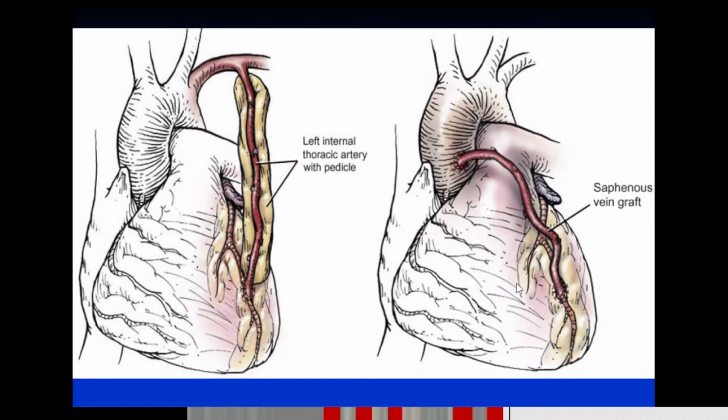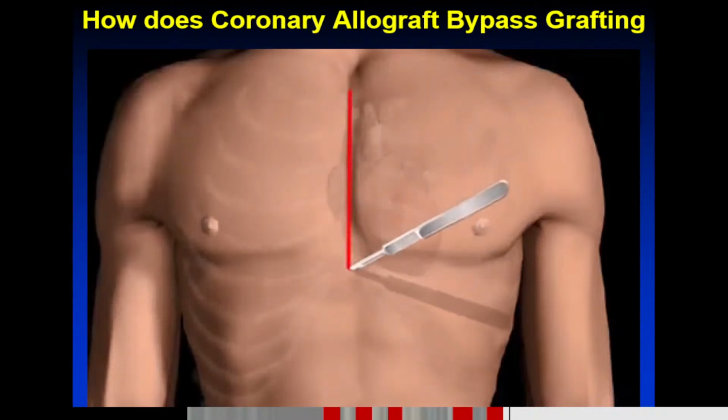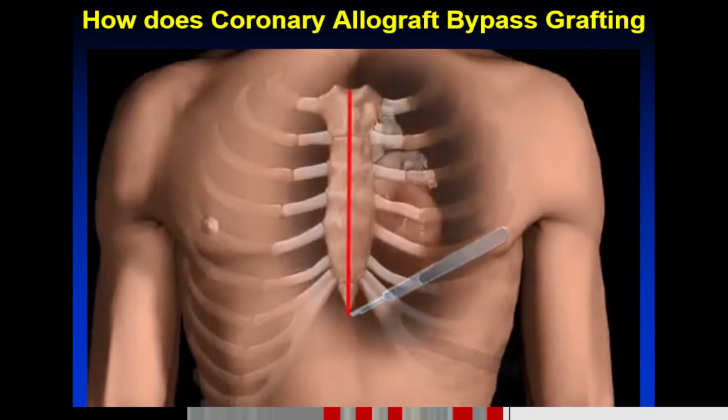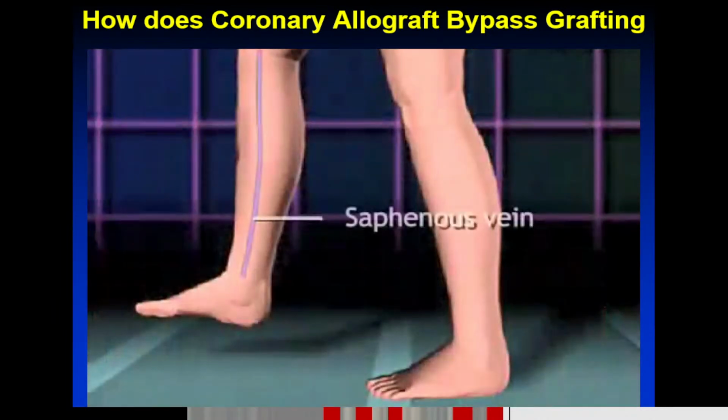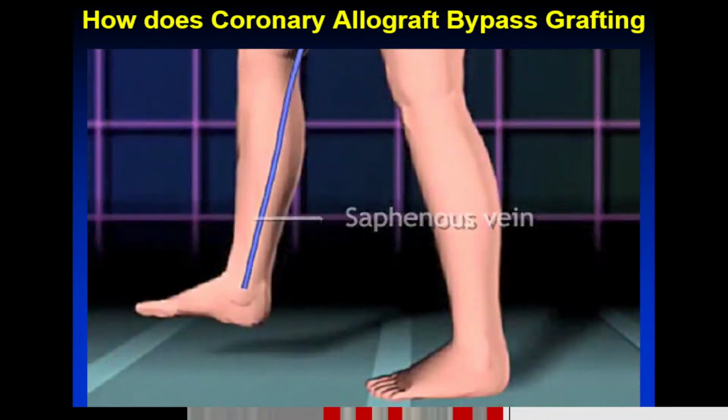And for less responsible arteries, we use the venous graft, which also make the bypass of narrowing coronary artery. And you see here the schematic movie how coronary artery bypass grafting is performed.